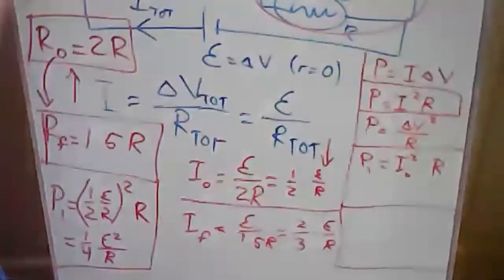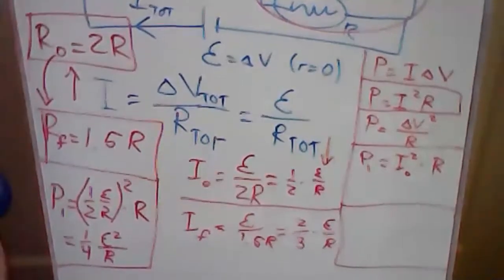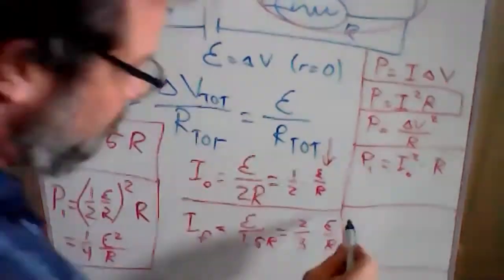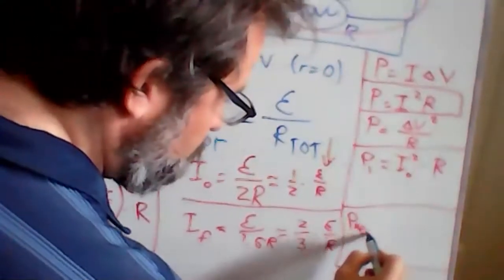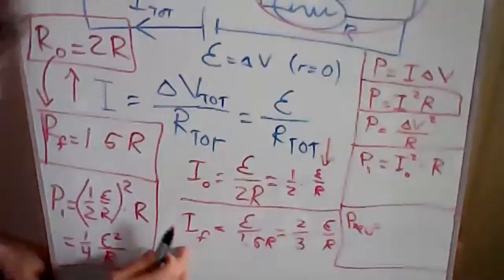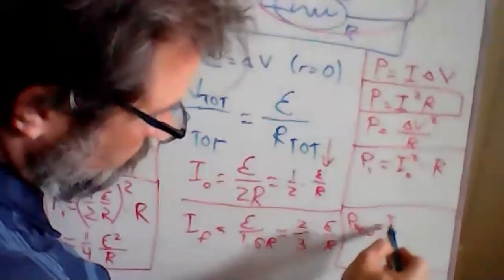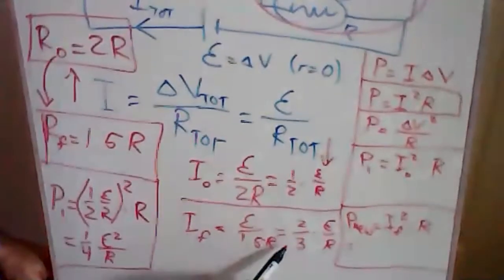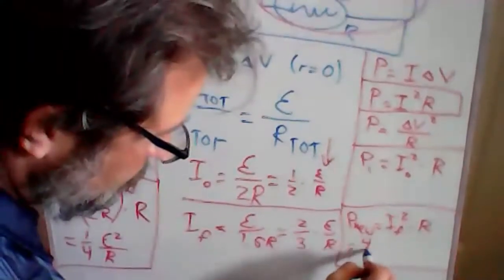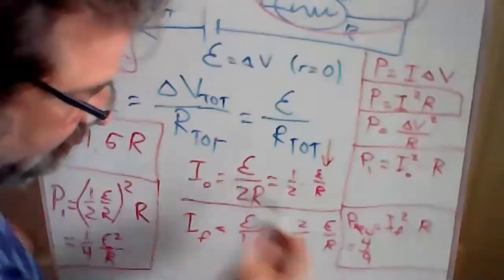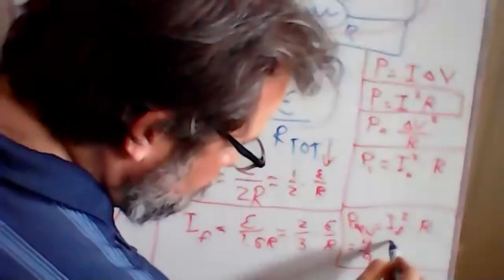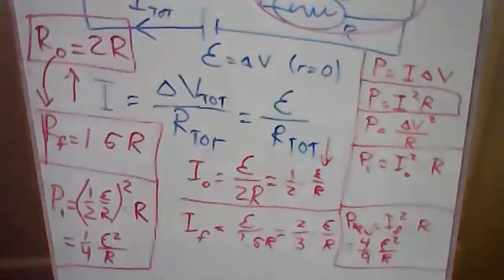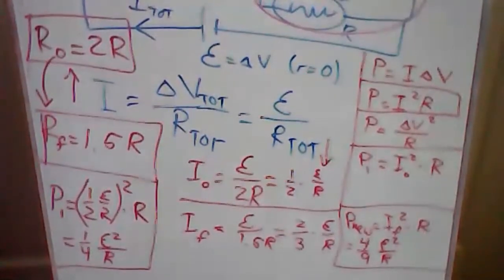So there's our power before we have closed the circuit. And then over here, we're going to write down the final power. They call it P new, okay? P new is equal to the final current squared, IF squared times R. When we look at this, we square this, we get 4/9 times epsilon squared divided by R. Okay, is that making sense?